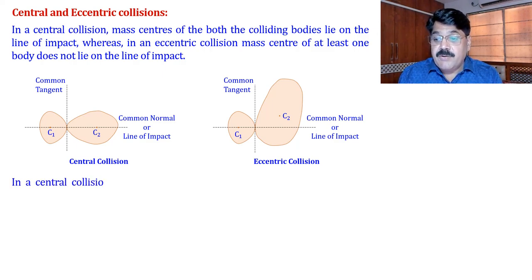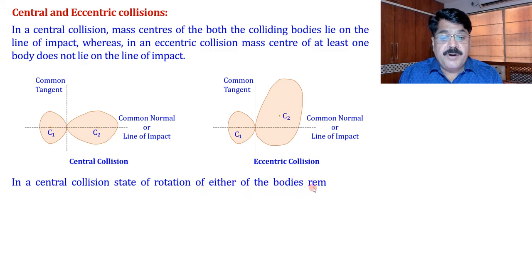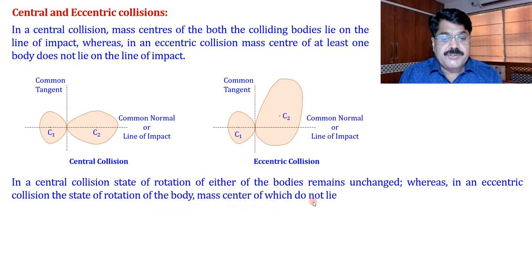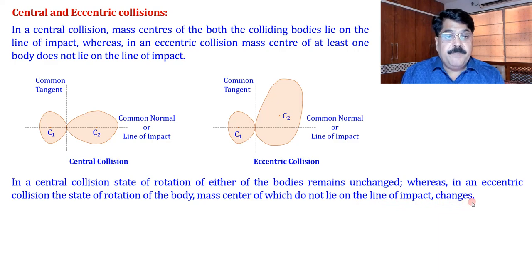In a central collision, state of rotation of either of the bodies remains unchanged, whereas in an eccentric collision, the state of rotation of the body, mass center of which does not lie on line of impact, changes. Actually, of which body does state of rotation change?